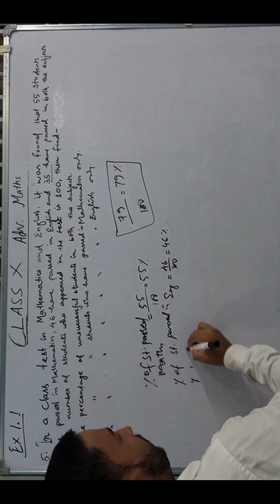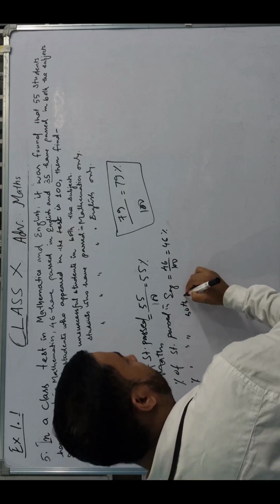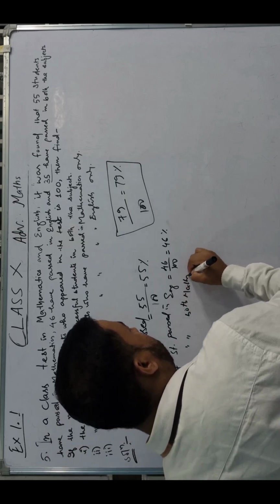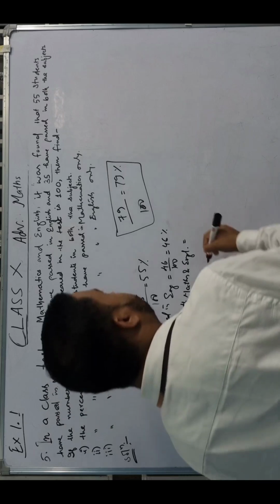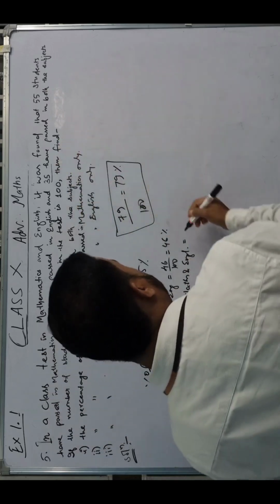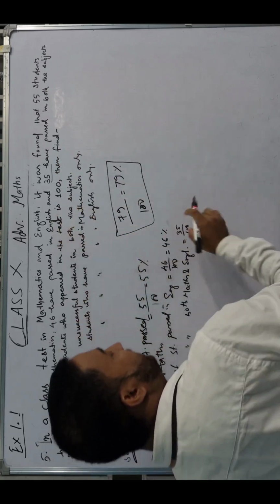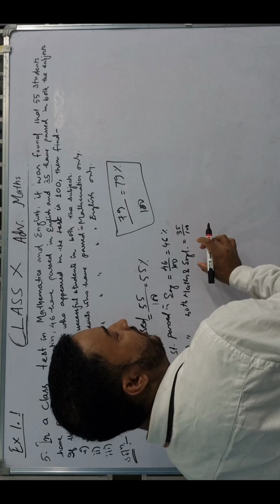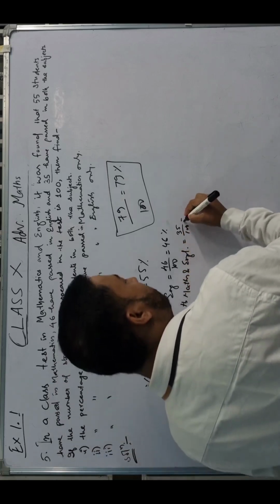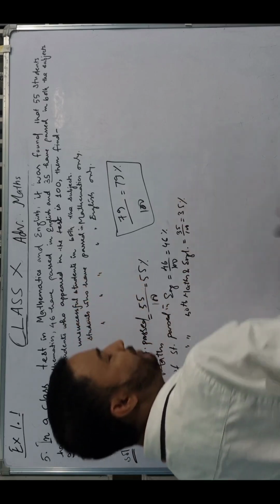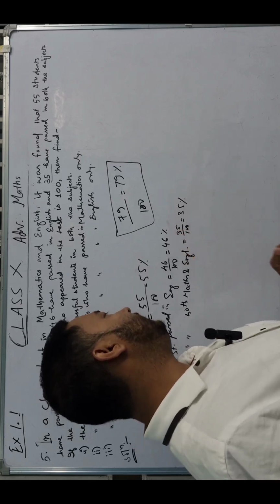So the percentage of students passed both subjects, maths and English, is 35 students out of 100. There were 100 students, and out of these 100 students, 35 could clear the maths and English tests. That means 35% is the percentage of students who have passed both the subjects, maths and English.